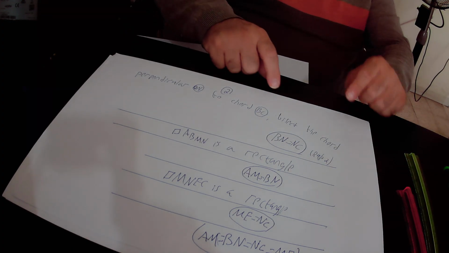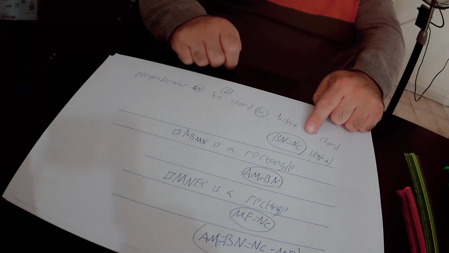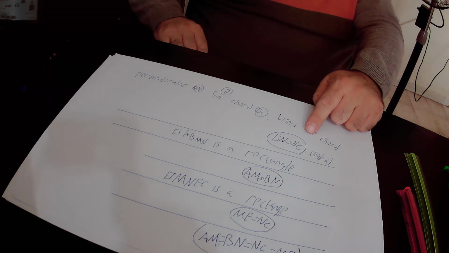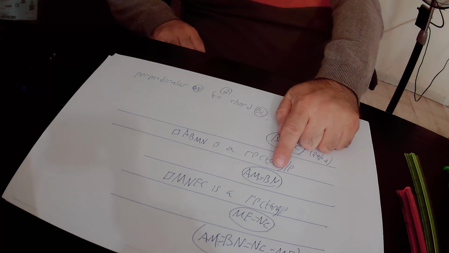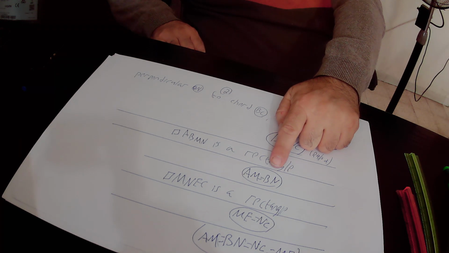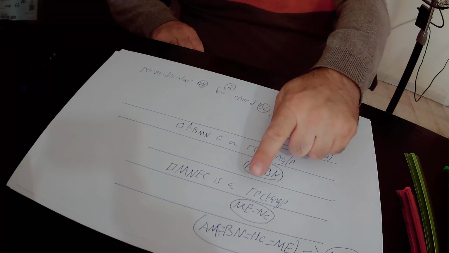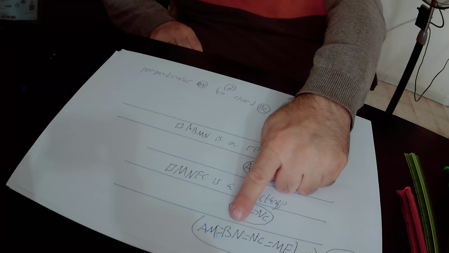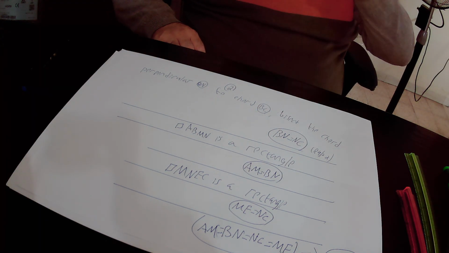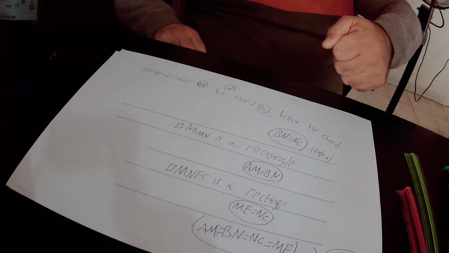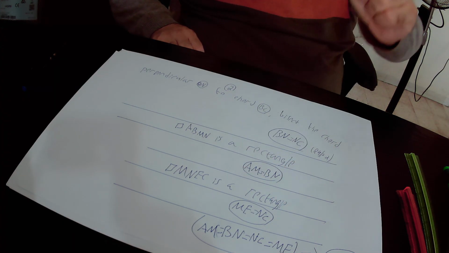We found out that according to rule number 2, BN equals NC. And according to the rule that the opposite sides of a rectangle are equal to each other, we found out that BN equals AM. So we can write here that BN equals AM. According to the same rule, we found out that NC equals ME.